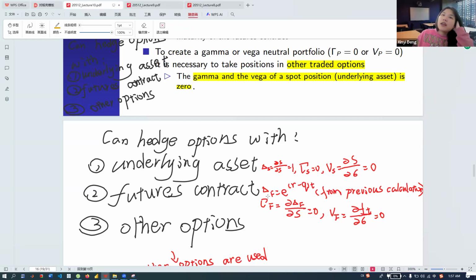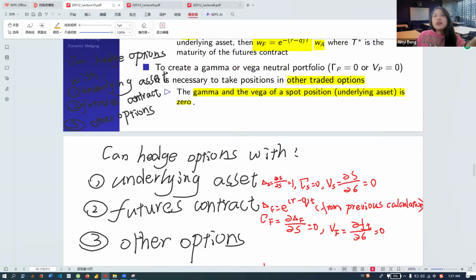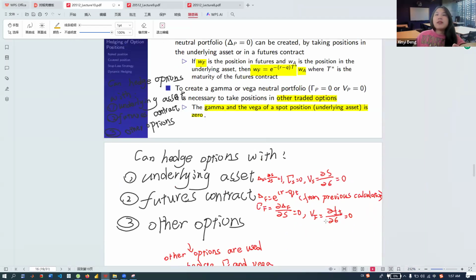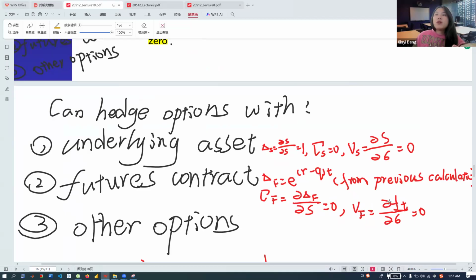So if you take the first order derivative with respect to S of this delta F, you'll get 0 as well. Also, the vega of futures contracts can be calculated by utilizing the futures value, this F_t, and taking the derivative with respect to sigma.